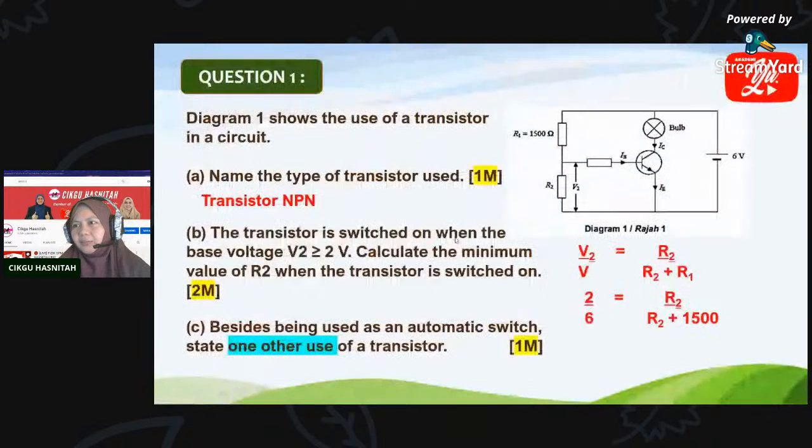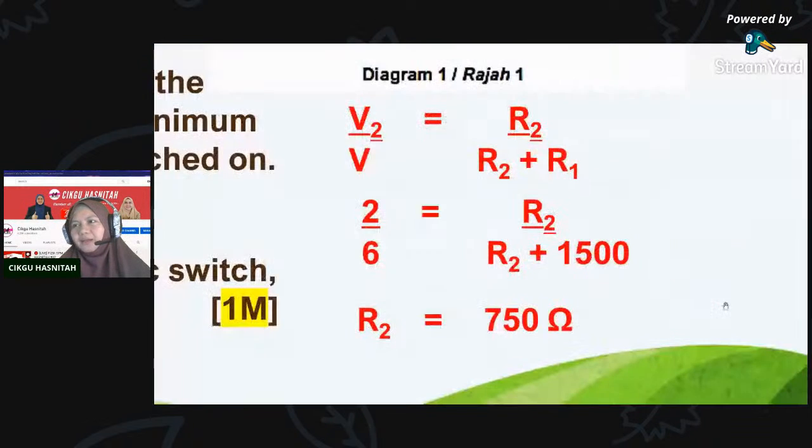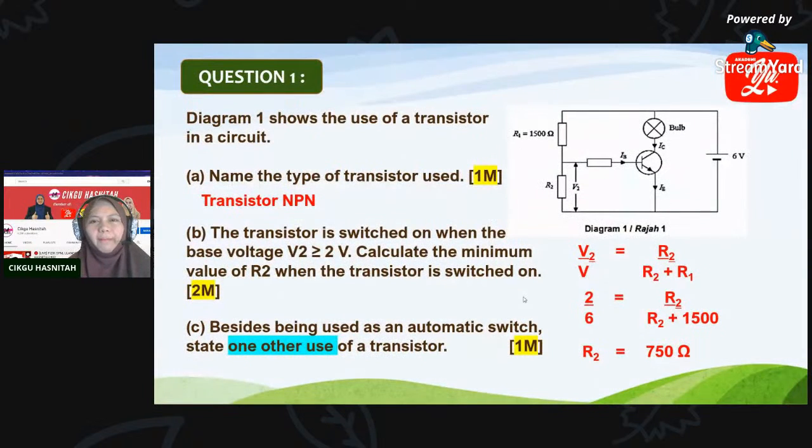I can see somebody is typing. So the answer is 750 ohm. The minimum value for R2 is 750 ohm. This is the final answer. So that goes for B.